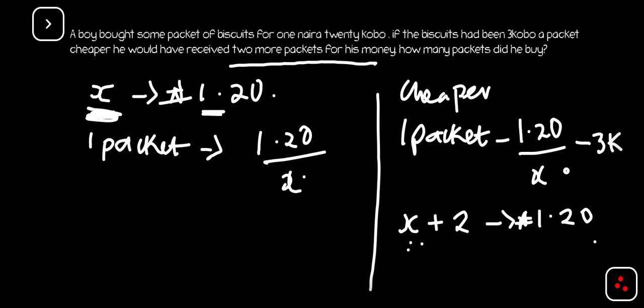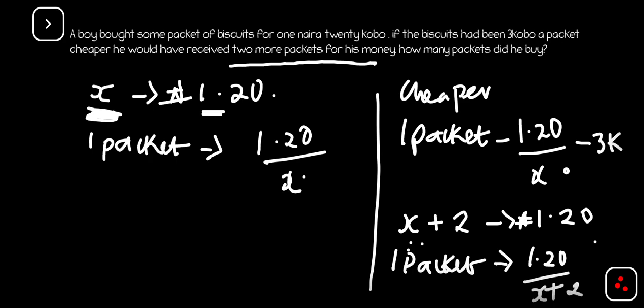So one packet for the number of biscuits you would have bought at a cheaper rate would now be 1.20 over X plus 2. So you just need to get the idea here. At a cheaper rate, he is going to get an extra 2 packets. So from that, we can easily get the price of one packet.